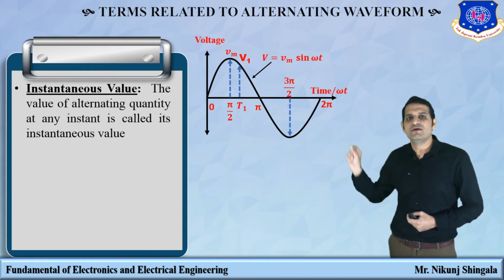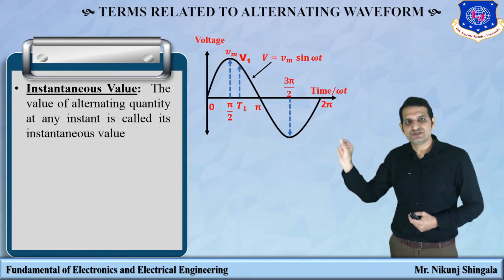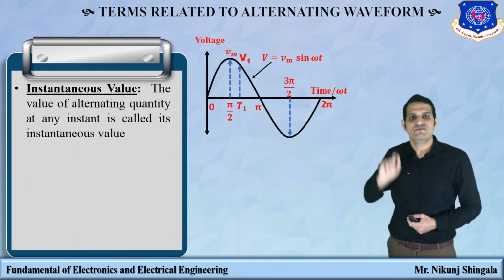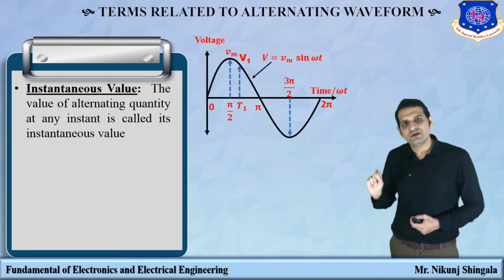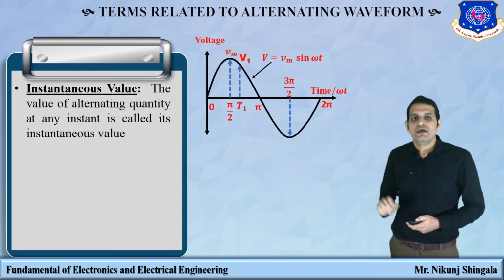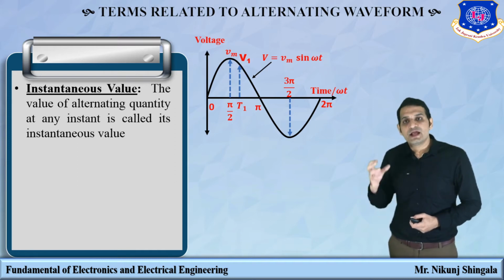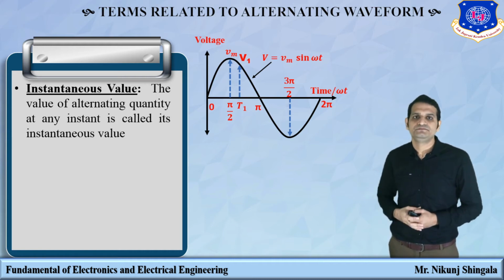Here you can see at the instant pi by 2 the value is Vm. At instant t1 the value is V1. So V1 at instant t1 is the instantaneous value of the alternating quantity. An alternating quantity consists of an infinite number of values in one cycle.